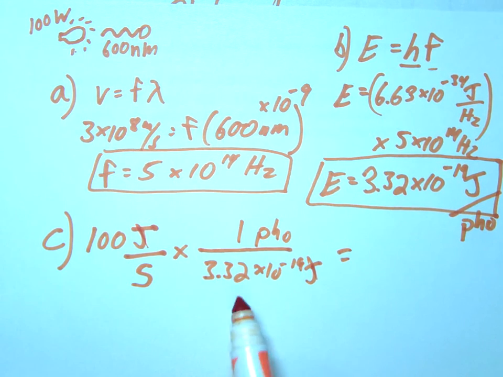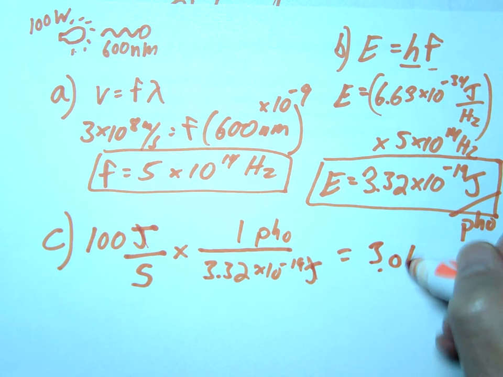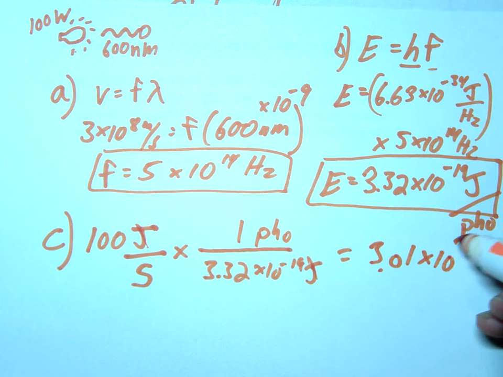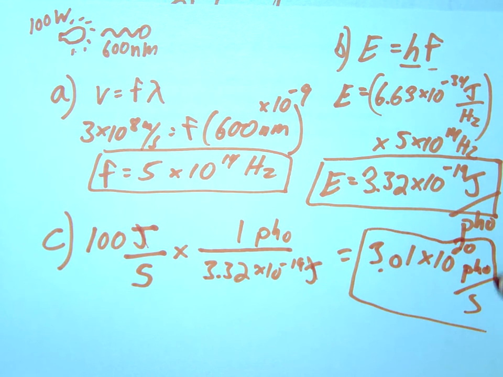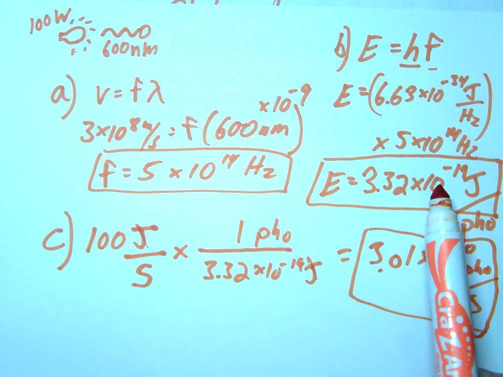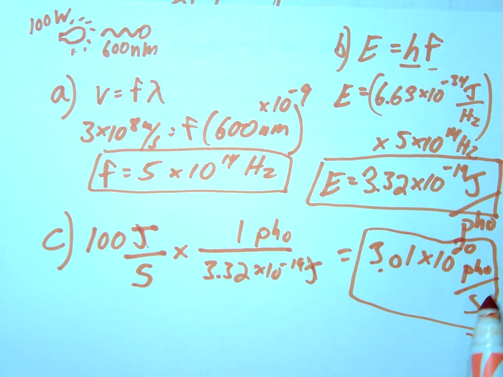So 100 divided by 3.32, that's going to give us 3.01 times 10 to the 20 photons per second. Okay, and it's a huge number because each photon is a tiny, tiny packet of energy. So that means we're going to have a lot of photons per second.